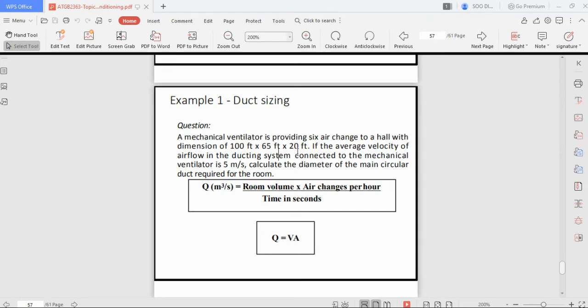The average velocity of airflow in the ducting system connected to the mechanical ventilator is 5 meters per second. So you want to calculate the diameter of the main circular duct required for the room. Okay, so these are the important formulas 1 and 2.